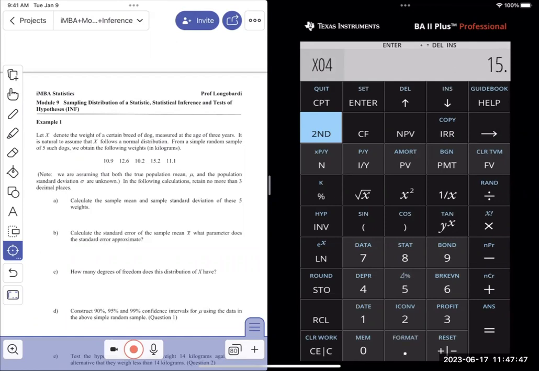and 15.2, enter, scroll down, and 11.1, enter, scroll down.